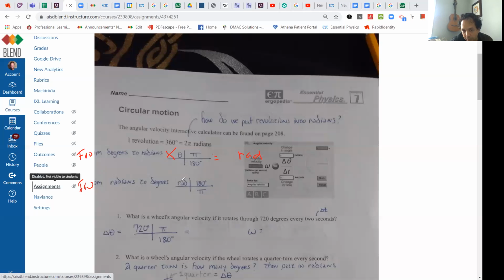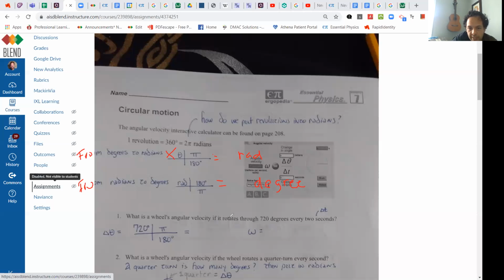So radians will go on the bottom, and degrees will go on top, and this will equal some type of degree. Right, so that's conversions.